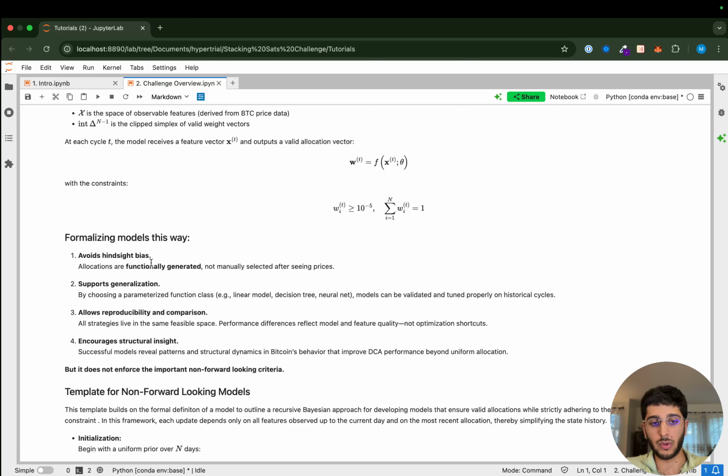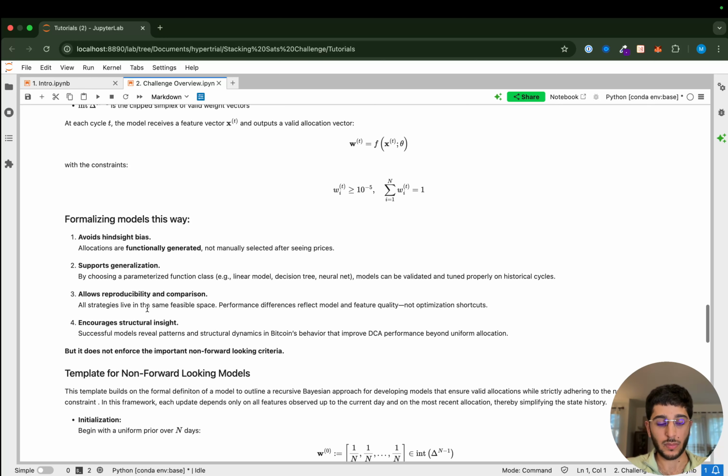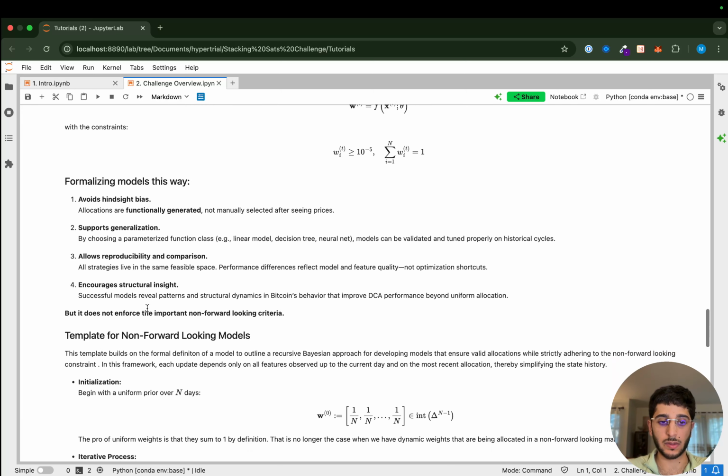So when we ensure that we are making these decisions based on models, perhaps those models provide us interesting results, and it shows that we beat the regular dollar cost averaging approach across historical data. So perhaps we can now generalize and extrapolate that to new data and essentially use it in practice.